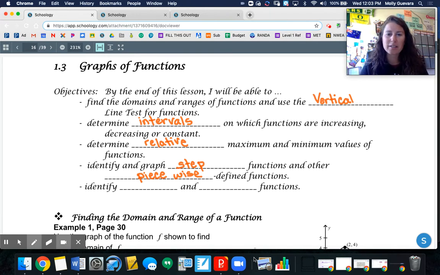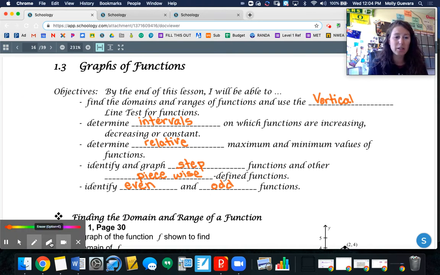Last time we evaluated piecewise functions, plugging a value into that piecewise function. Today, we are actually going to practice graphing the piecewise function. And then the last piece is we're going to determine, is a function even or is a function odd? That's our last objective. So we're just going to jump right into it and start with this first objective.